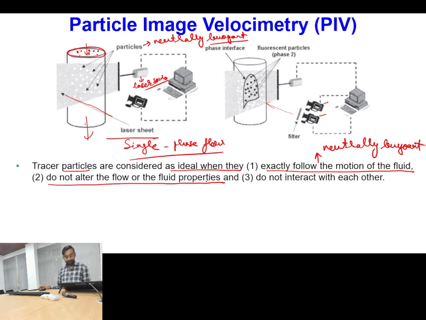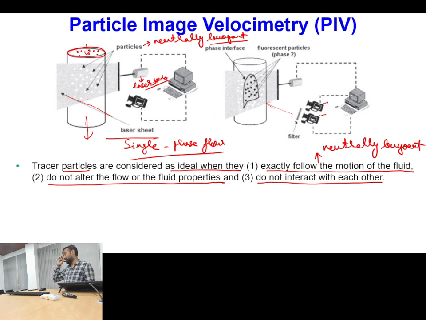And the third important point is the particles do not interact with each other, because many times it can happen that if two particles join together, then you will not be able to trace the particles' new locations. So while you are seeding, the concentration of particles will be such that no particles interfere with each other.